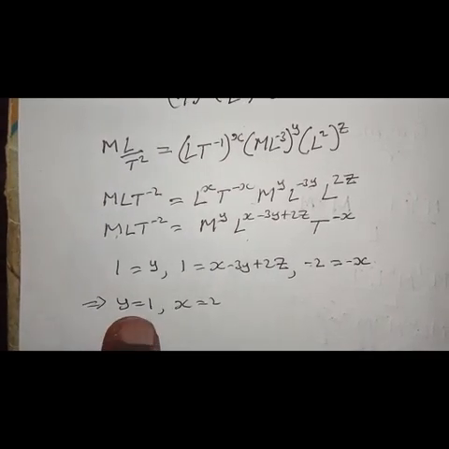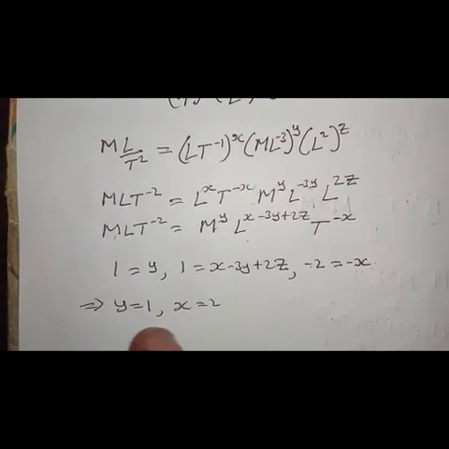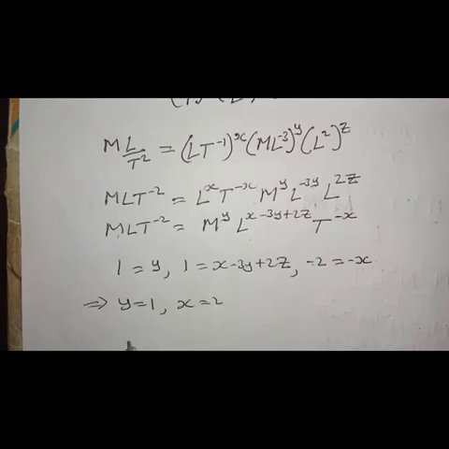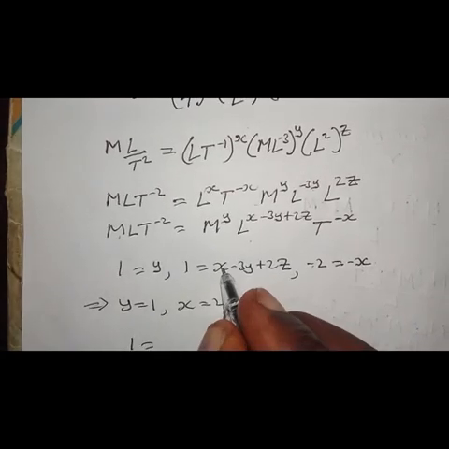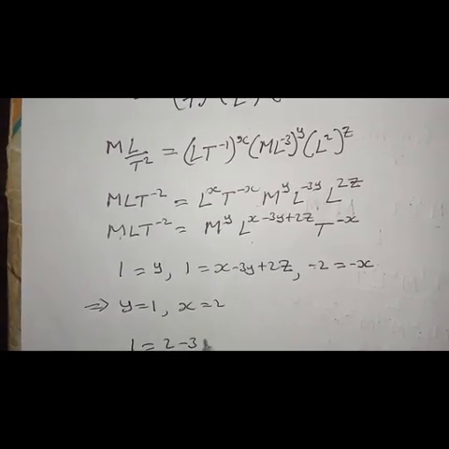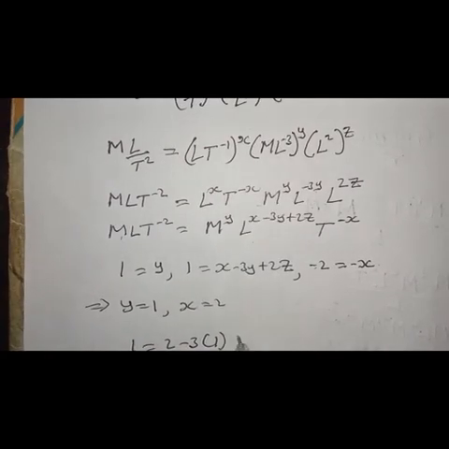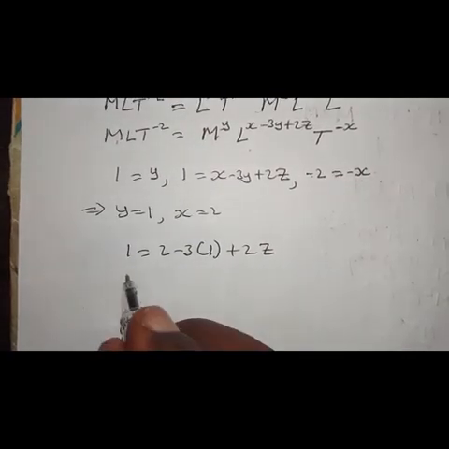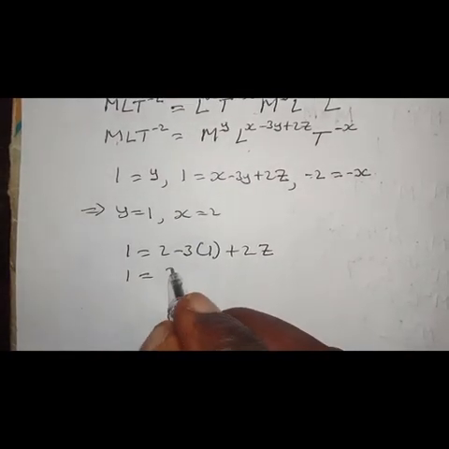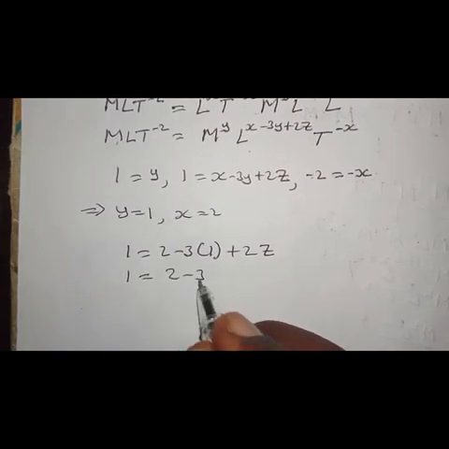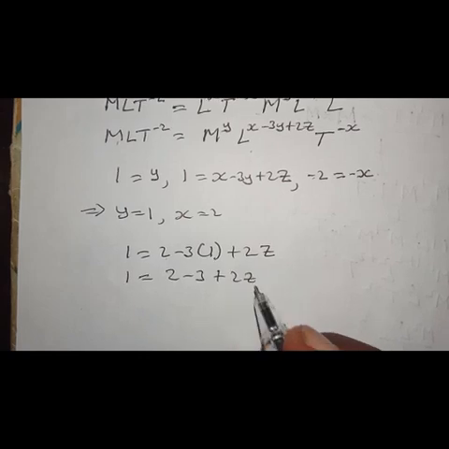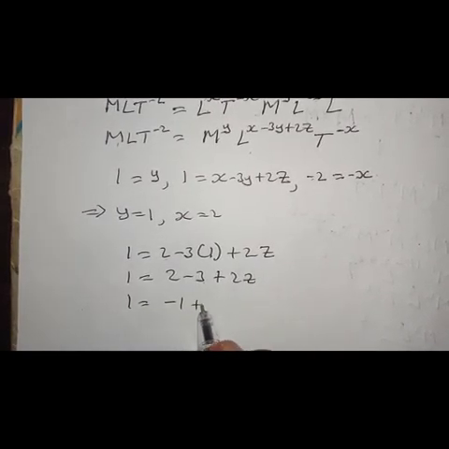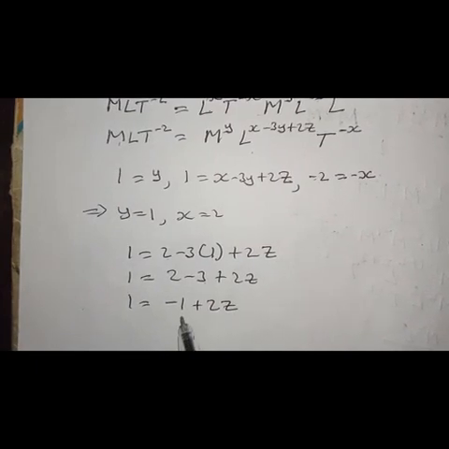Then if y is 1 and x is 2, we substitute y and x in this other equation so that we have 1 is equal to x, which is 2, minus 3y, which is 1, plus 2z. Then we solve further. 1 is equal to 2 minus 3 times 1, which is 3, plus 2z. Then 1 is equal to 2 minus 3, which is minus 1, plus 2z. Then we collect like terms.